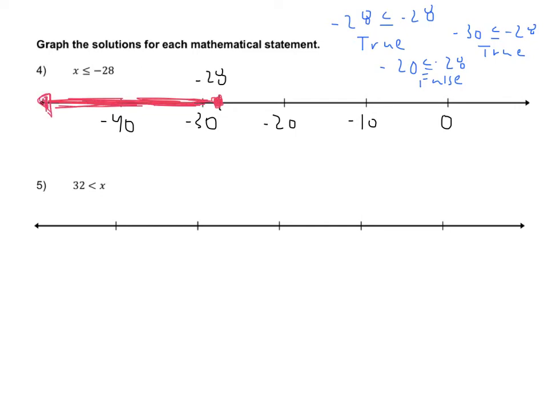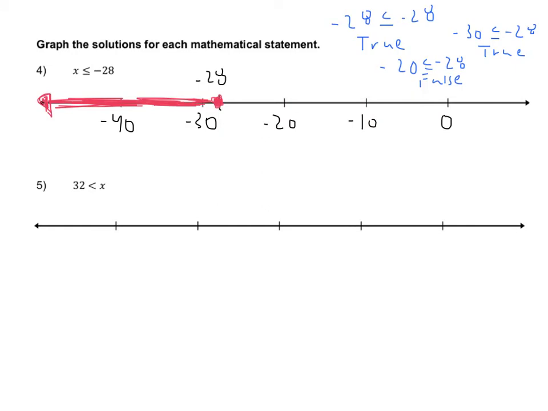And these numbers over here are not solutions. So again, we have our boundary value, negative 28, which is a solution, so it's a closed circle. And then all these numbers over here are solutions, numbers like negative 30, negative 40. These numbers are not.